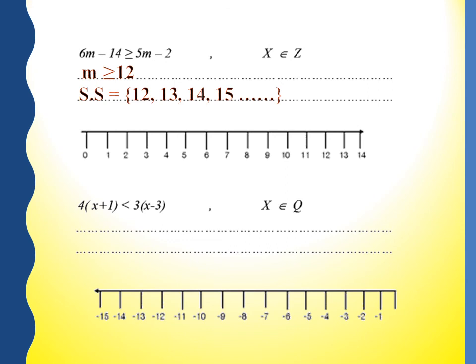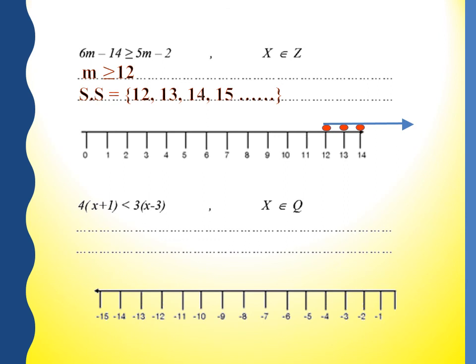In the set of integers, the solution set is 12, 13, 14, 15 till positive infinity. To represent this solution set on the number line, starting from 12 and 13 and 14, and with this arrow to represent that the solution set extends to reach positive infinity.